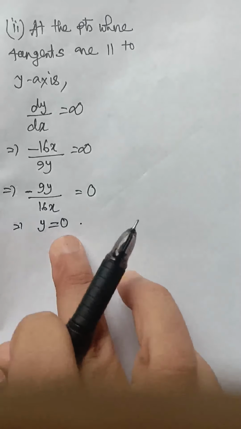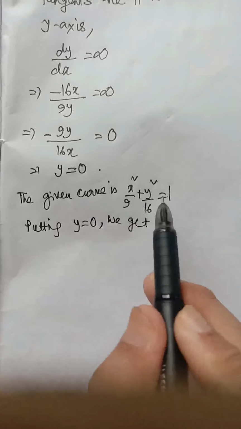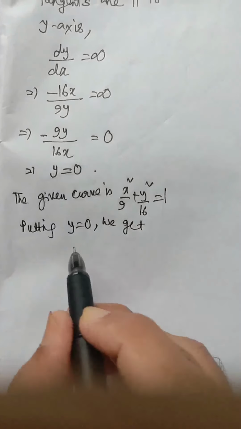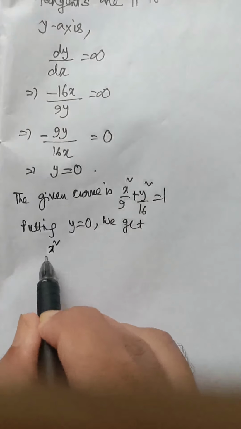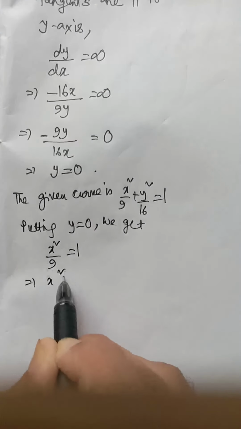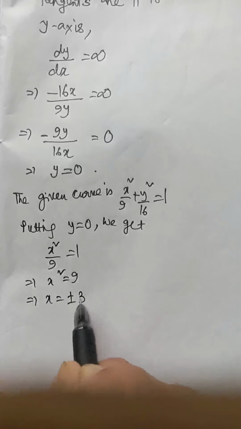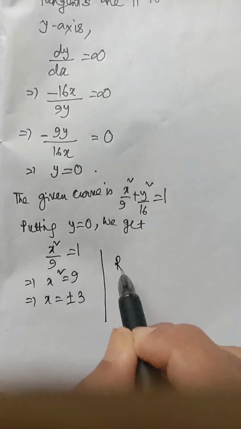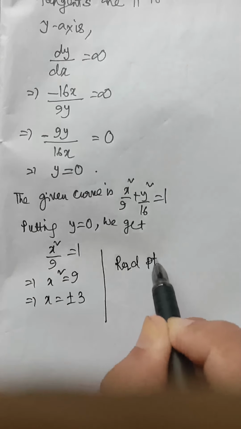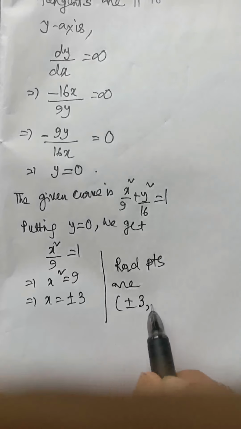So putting y equal to 0 in the equation of the curve, we get x square by 9 equal to 1. So x square equal to 9 and x equal to plus minus 3. So the required points, where tangents are parallel to the y-axis, are plus minus 3 and 0.